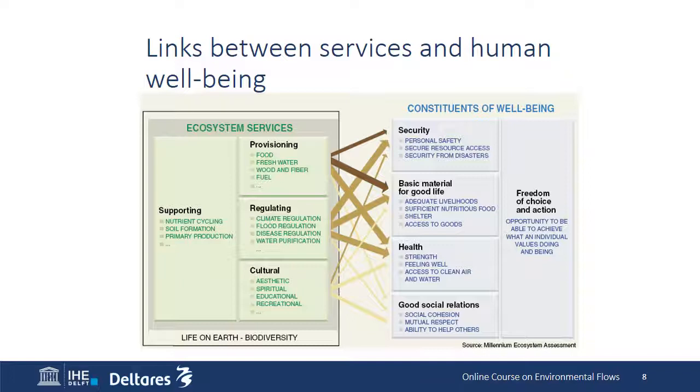And these well-being components can also reinforce each other, because when you have no good health, you can also not provide a good income, and your health may even further decrease. So the well-being components are also related. And what the arrows in the diagram show is that different services contribute to various of those human well-being components. So there are many interrelations here.